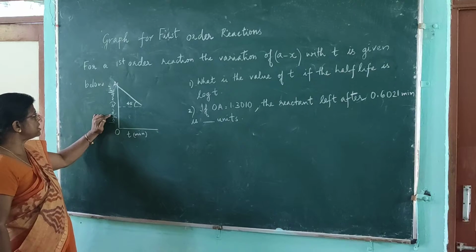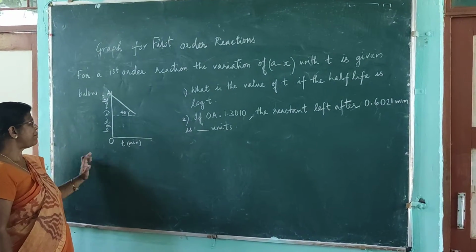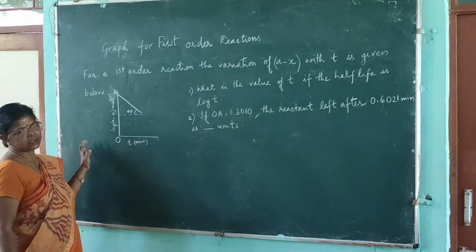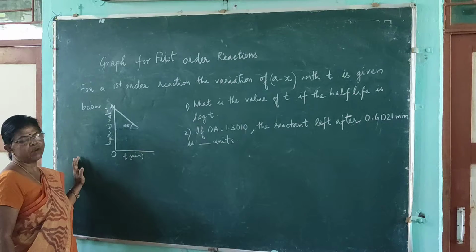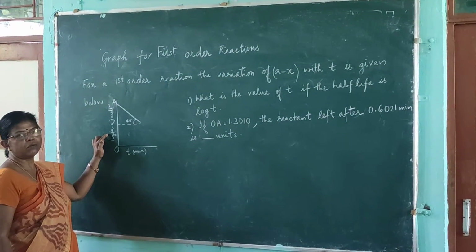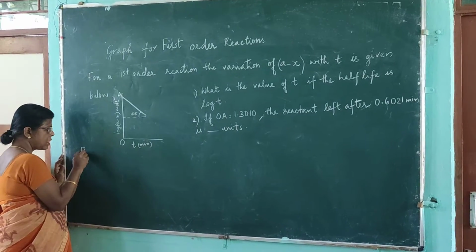So you should understand that if you are getting a straight line like this, then on the y-axis we are having log r only. What is r?